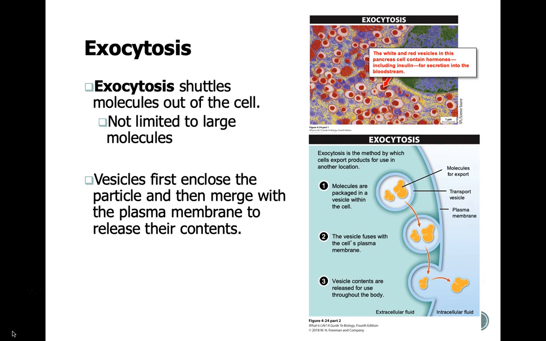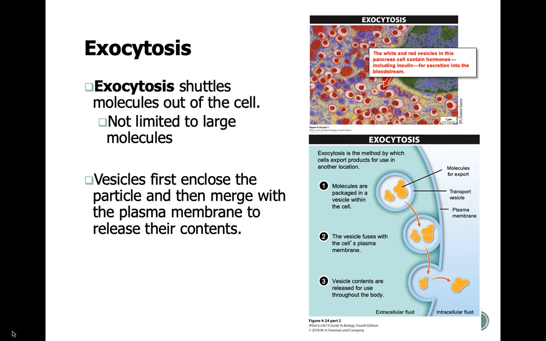So we talked about bringing things into the cell. Exocytosis is the process of removing things from the cell. So basically, it's a way to get rid of waste. It's a way to get rid of cellular products that are needed somewhere else. So let's say we have some cellular material that needs to be broken down and shipped out of the cell, or we have some proteins that have been made and they need to be packaged for use elsewhere.